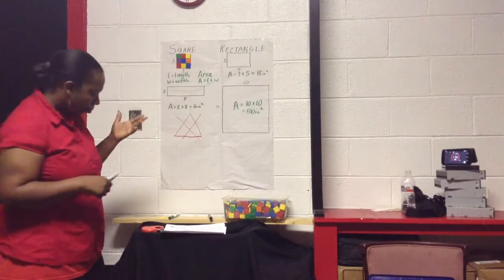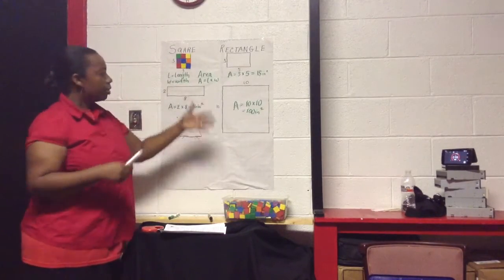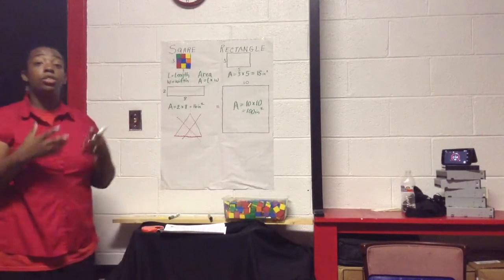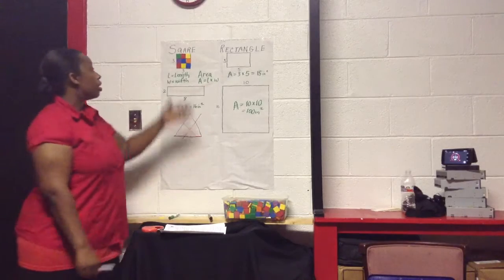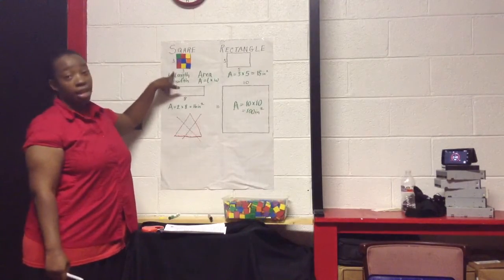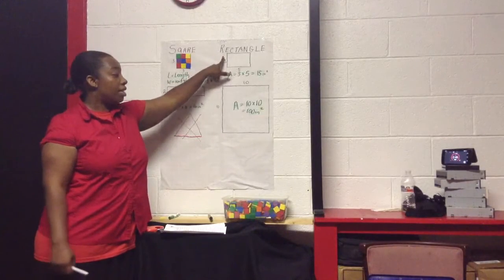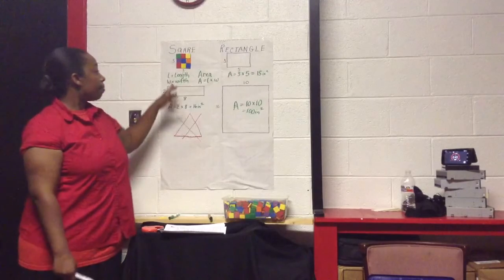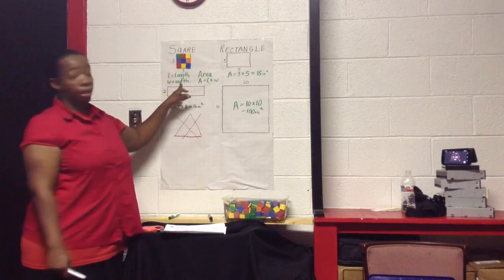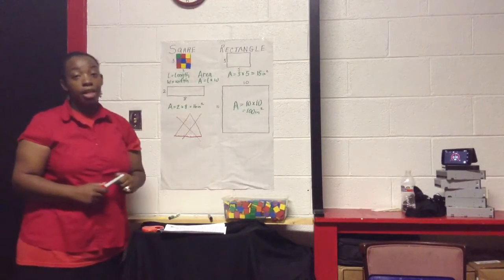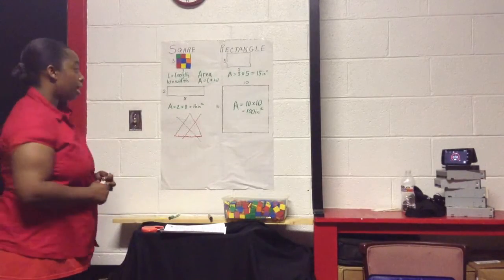Okay, so always remember, when you're dealing with area, it's in square units. A square has a length and a width. A rectangle has a length as well as a width. The length is L, the width is W, and the formula for area is area equals the length times the width.